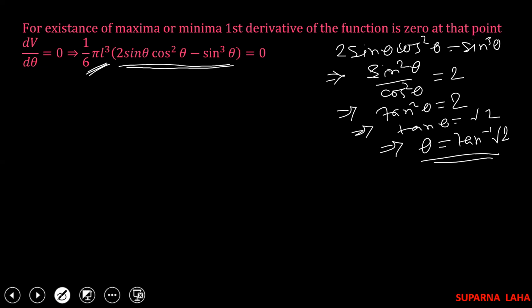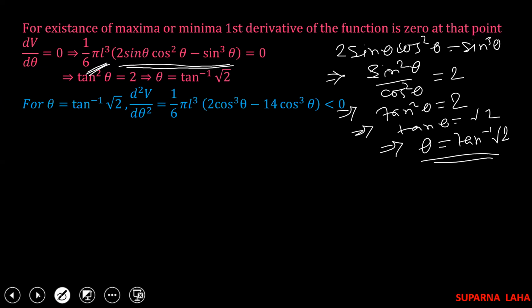Now I have to just show for this value the function is maximum or the minimum. At that point the function has a maximum value or the minimum value. So let's check it. For this one we need to check the second derivative. Just put the value in this second derivative. So you will find this 2 cos cube theta minus 14 cos cube theta.